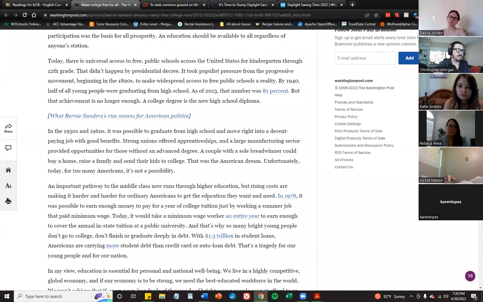He says in the 1950s and 60s, it was possible to graduate from high school and move right into a decent paying job with good benefits. Strong unions offered apprenticeships, and a large manufacturing sector provided opportunities for those without an advanced degree. A couple with a sole breadwinner could buy a home, raise a family, and send their kids to college. That was the American dream. Unfortunately, today, for too many Americans, it's not a possibility.